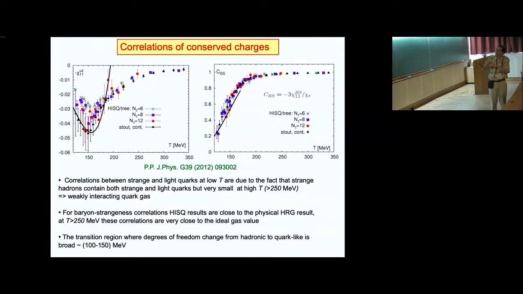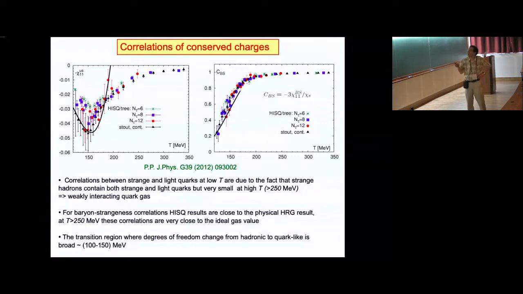If you have a U quark, you have an anti-S quark, and therefore this correlation is negative. On the other hand, if you go to high temperature, if you have a really ideal gas of quarks, then the U quark doesn't talk to the S quark, and this correlation should be identical to 0.